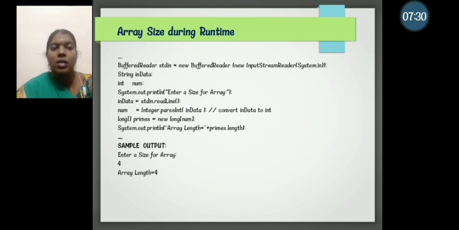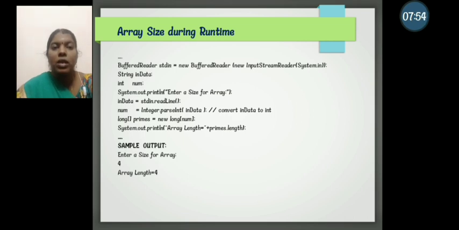And in this example we have given the size of the array as 4, and the array length is displayed as 4. The point to be noted here is, if you are going to give the array size during runtime, the length of the array can be accessed with the help of the length property, primes.length.